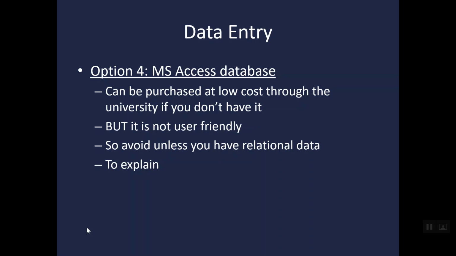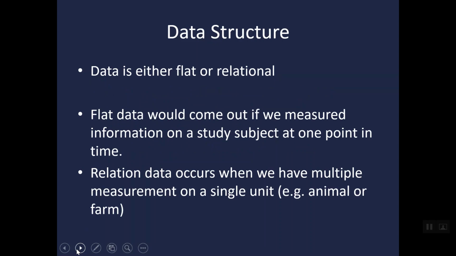Rather than give you a whole lot of mumbo jumbo as to what relational data is, I'm just going to explain more by example. Data is either what we call flat or relational. Flat data would come out if we measured information on a study subject at one point in time.